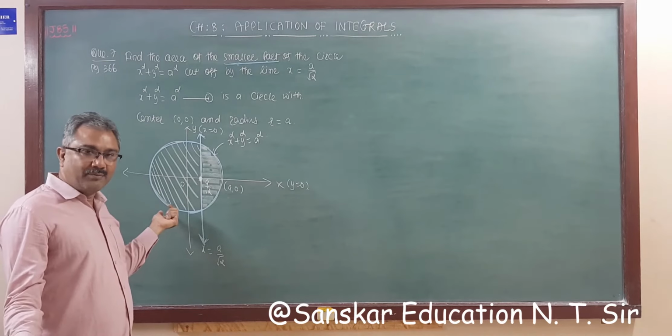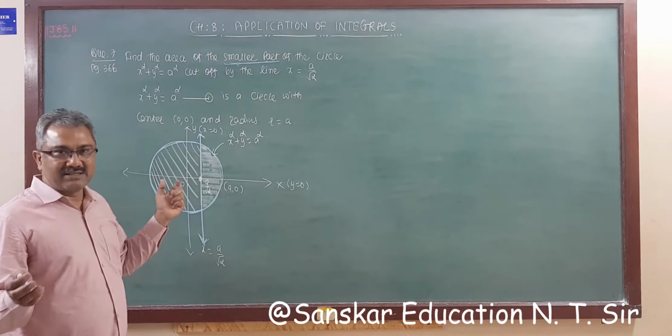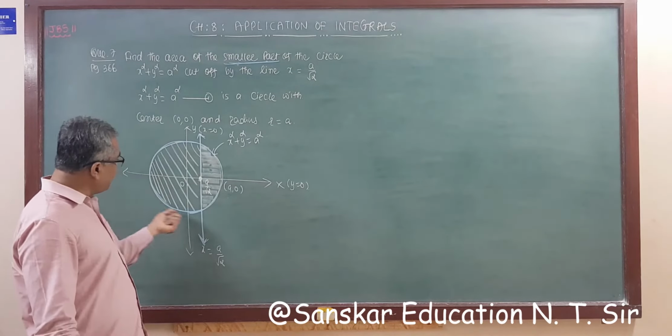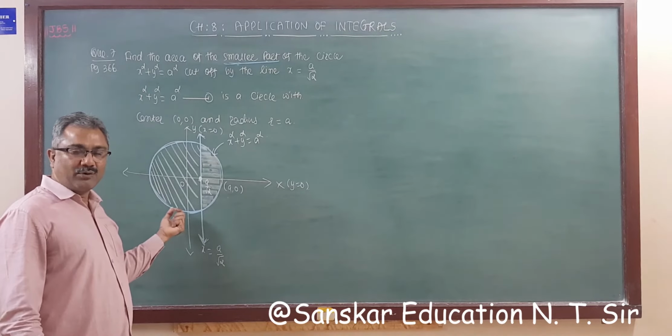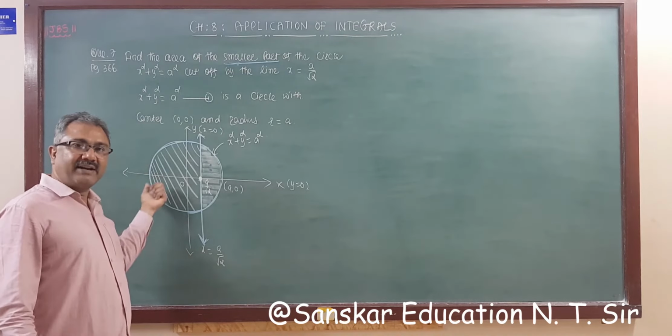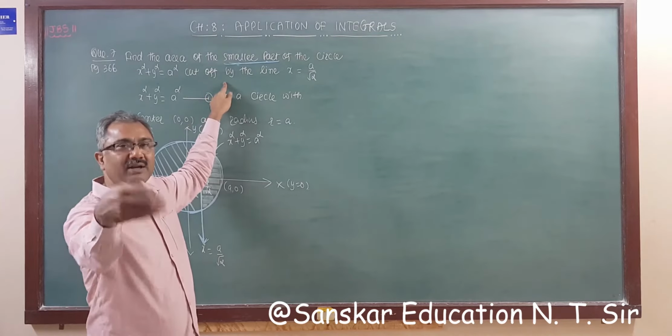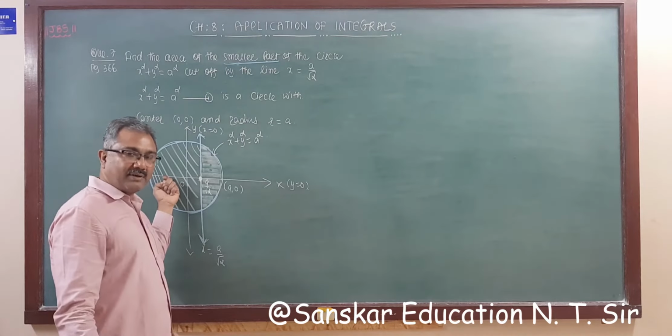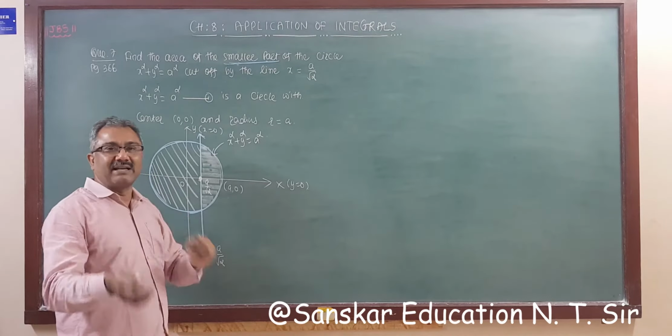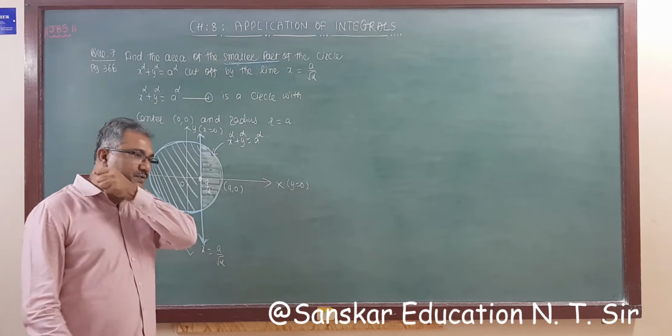No need to do anything more, right? सो पता चल गया ना कि यदि ये बड़ा पार्ट है, इसका एरिया फाइंड करना है आपको, तो सर्कल का एरिया फाइंड करेंगे, इसमें से जो इसका आंसर आएगा वो सब्ट्रैक्ट कर देंगे, तो ये पार्ट मिल जाएगा, राइट। If there is a twisted question like this, then you can solve using this idea.